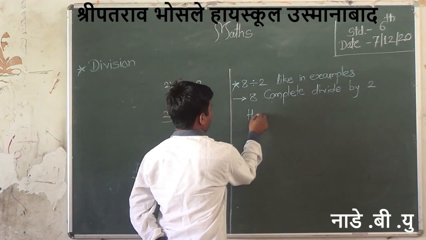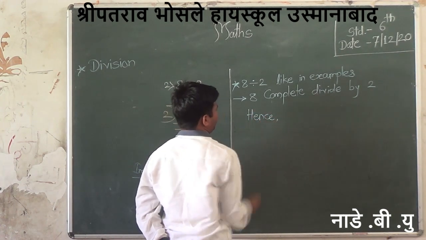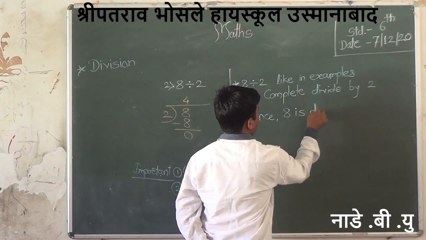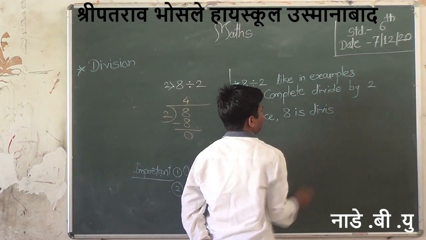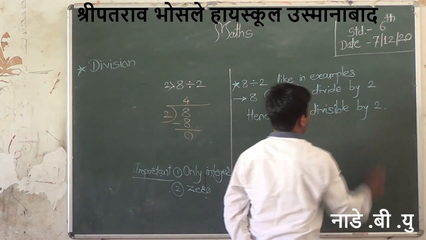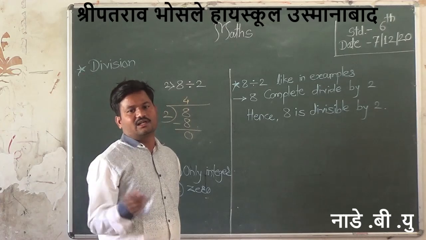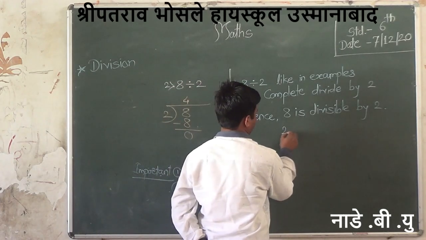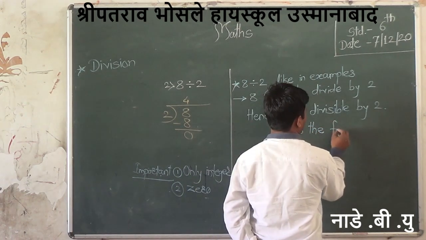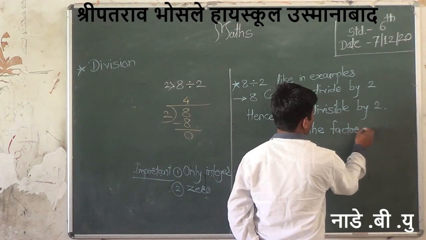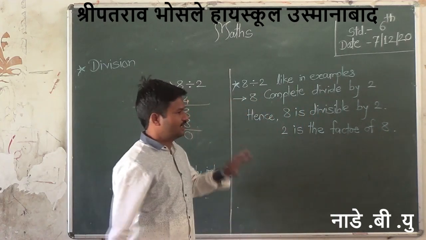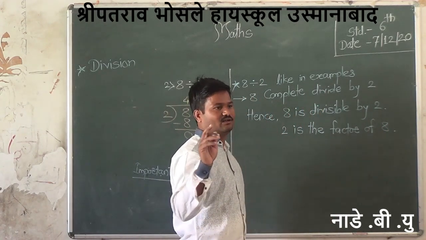Hence 8 is divisible by 2. 2 is the factor of 8. Here the words are important for you.